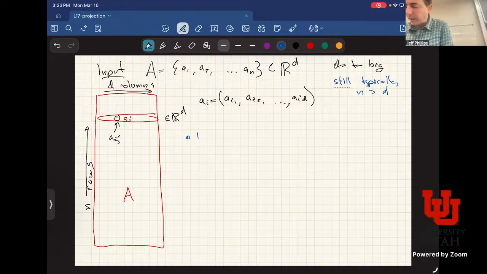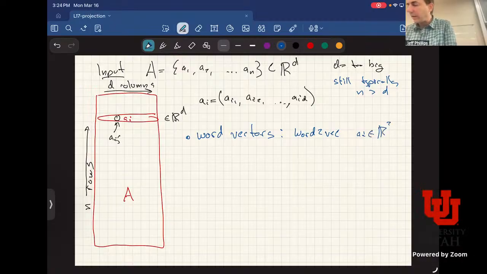All right. What I want to stress on this slide are some examples where this arises. One would be word vectors. The old school way of doing this, which is easier to think about, so I'll mention it now, would be something called word2vec. What this would do is typically have each a_i in R^300, a 300 dimensional space. And how do I get the representation of a word in this 300 dimensional space?